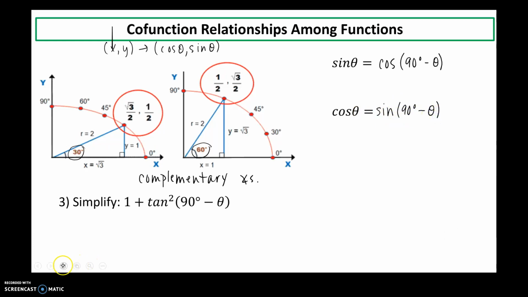Now, if we were working in radians, the exact same property exists. It would be the cosine of pi over 2 minus theta, or the sine of pi over 2 minus theta for the cofunction of cosine. This was actually a quiz question last chapter where you had to answer this, and it asked you about this relationship.